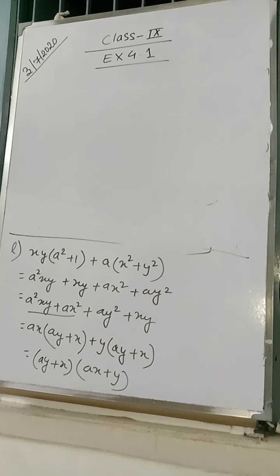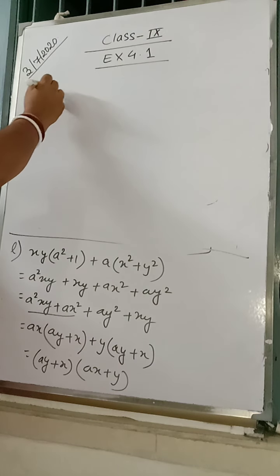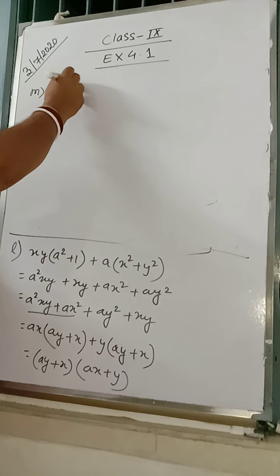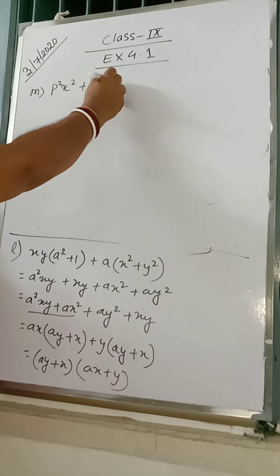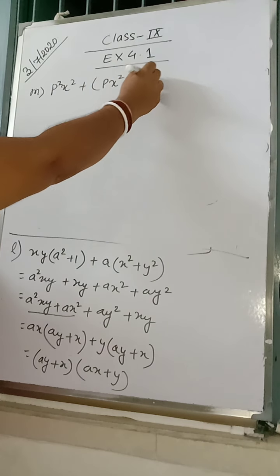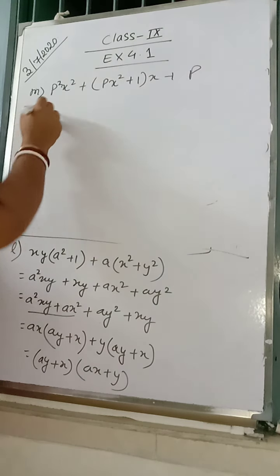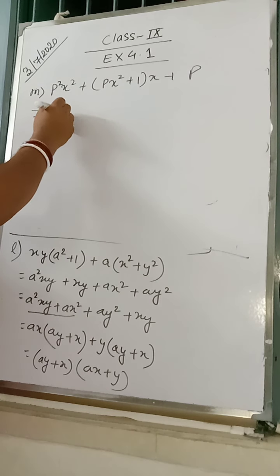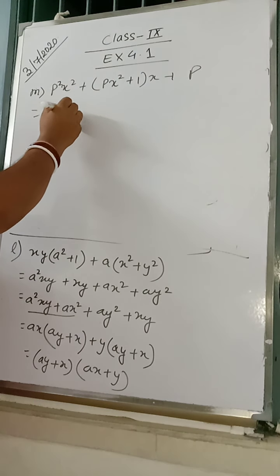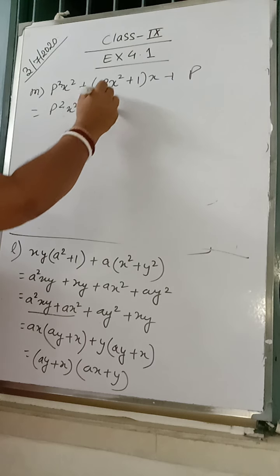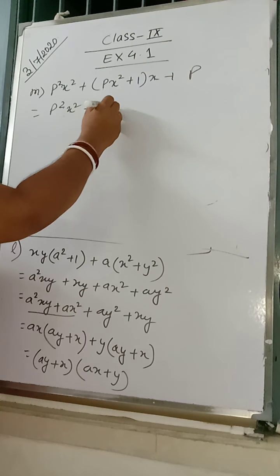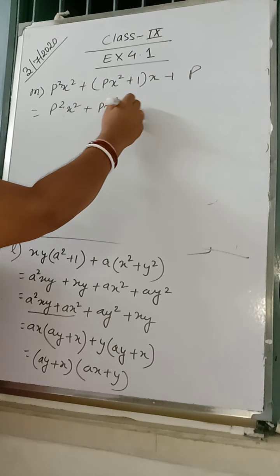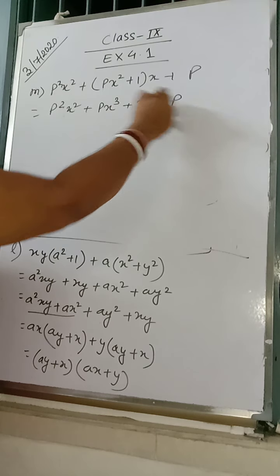Question number M. Similarly as L, the question is p square x square plus px square plus 1 into x plus p. So I am writing p square x square as it is, plus this I am multiplying: px cube plus x plus p.